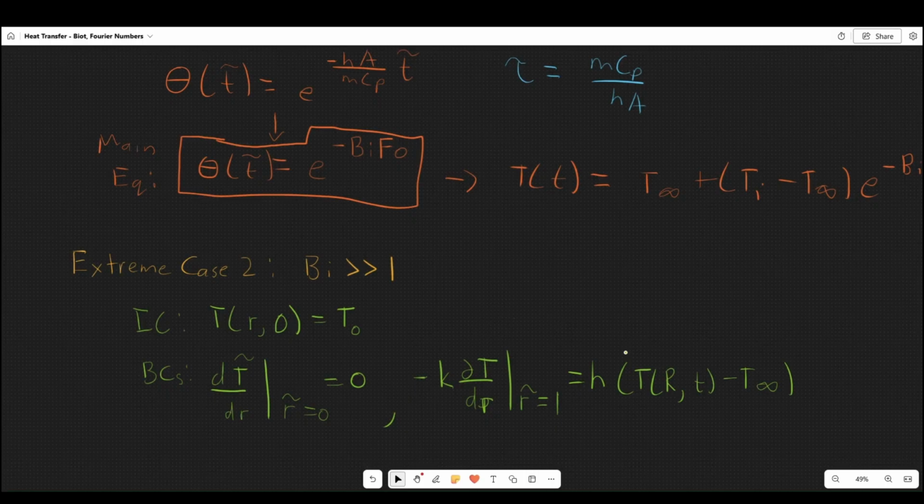But now the difference is that the Biot number is really large, and so we have conduction basically taking over. Convection has no real resistance compared to conduction.